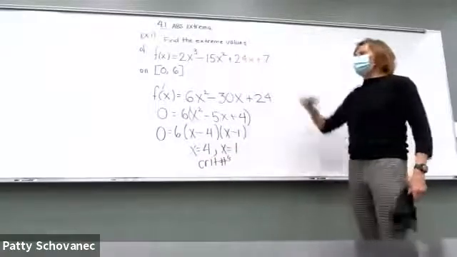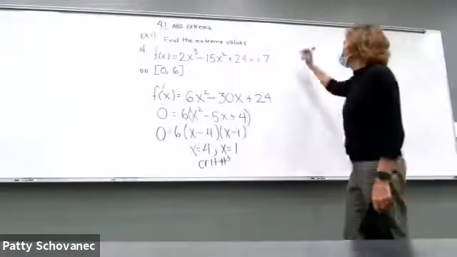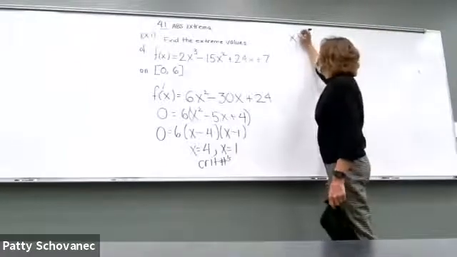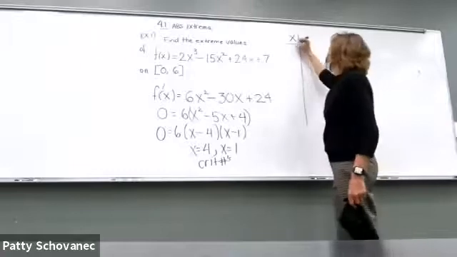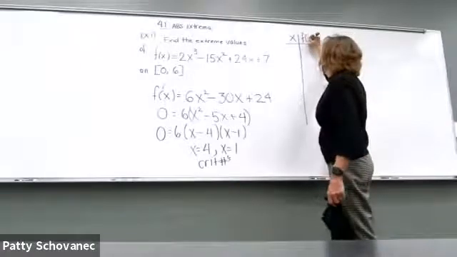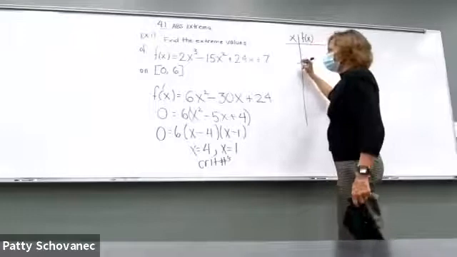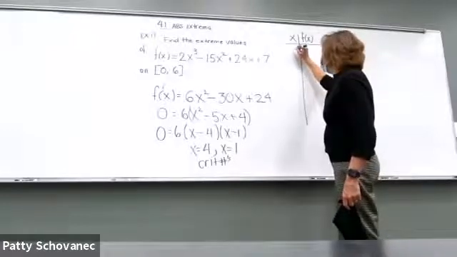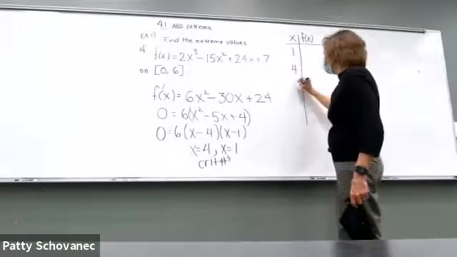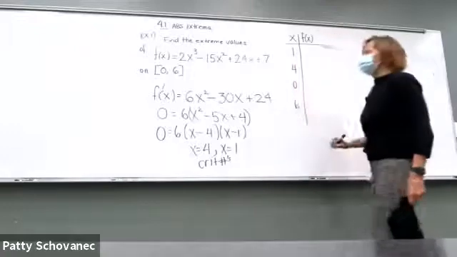They're both between 0 and 6. So our next step is just to find the y values. So I want those two numbers, 1 and 4, and then 0 and 6.